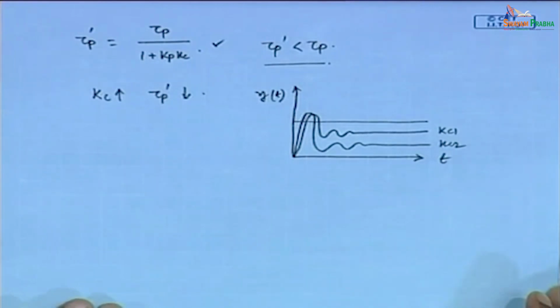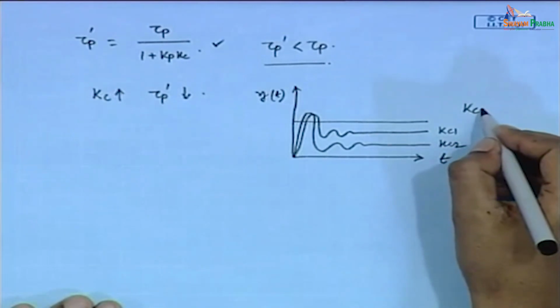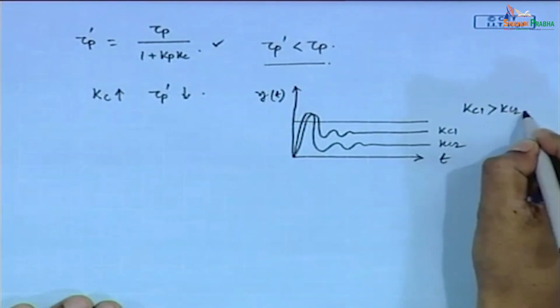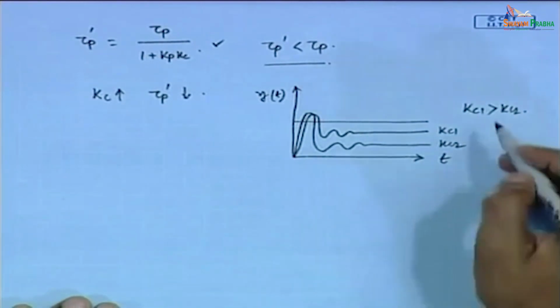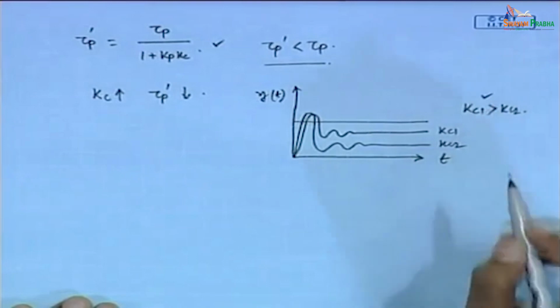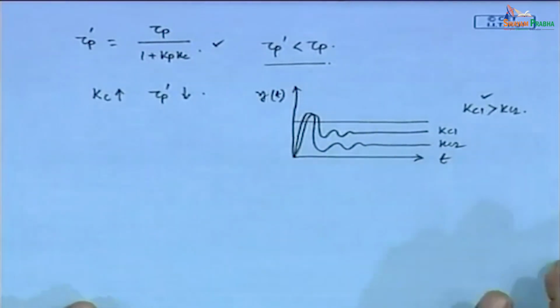This is k c 2. So, here k c 1 is greater than k c 2. Now, if k c 1 is higher, then the process under k c 1 reaches the steady state quicker than k c 2, that we need to include also in this figure.